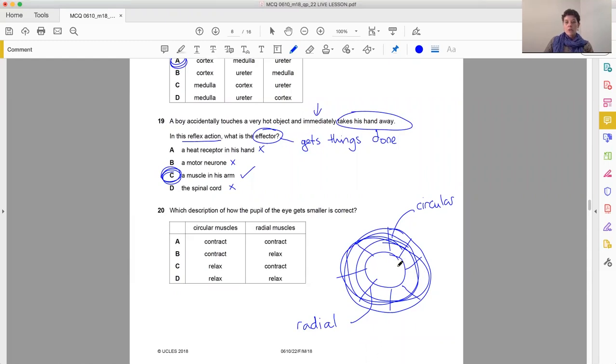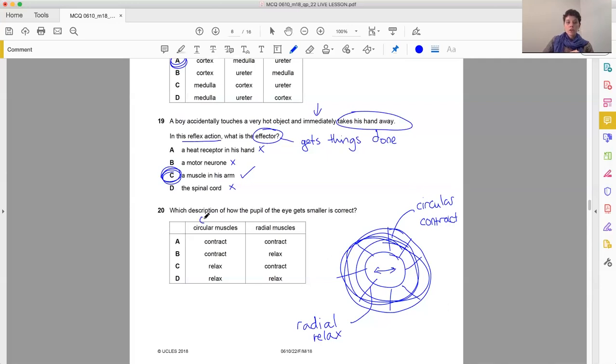Now, in order to make this space here shorter, we need to make these radial muscles longer. So they would need to relax. And if we want to pull that space closed so that the pupil gets smaller, the circular muscles must contract. Remember, they are opposing muscles.